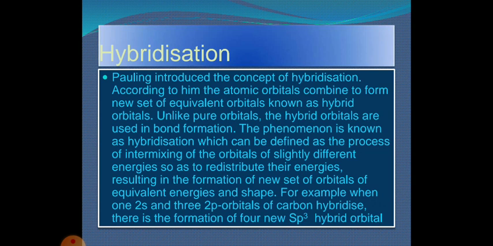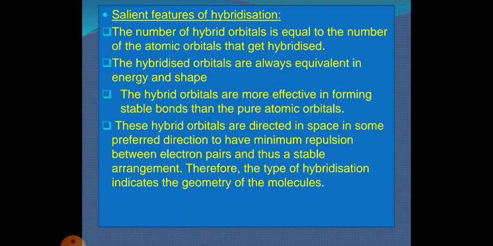For example, when one 2s and three 2p orbitals of carbon hybridize, there is a formation of four new sp3 hybrid orbitals. Now, what are the different salient features of hybridization that we should know before going to their examples?